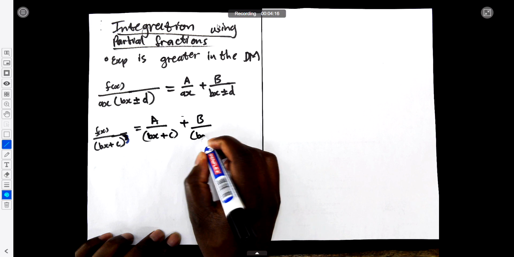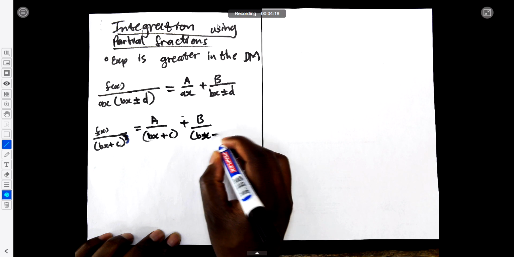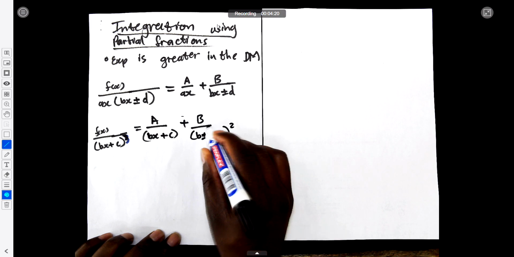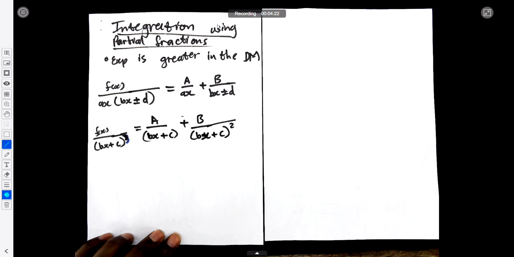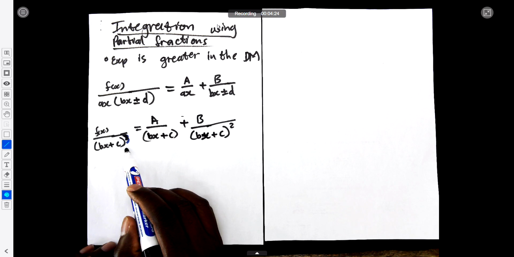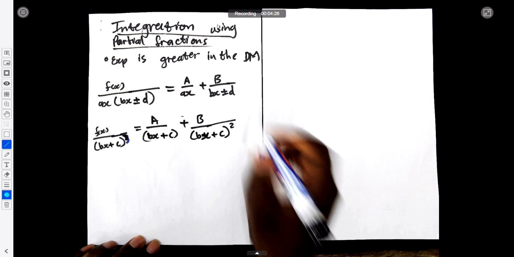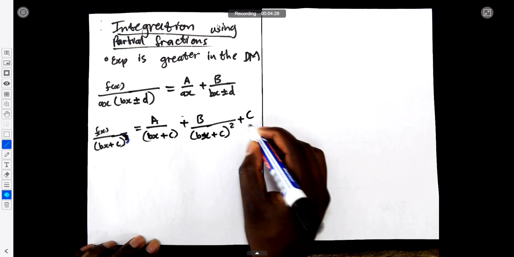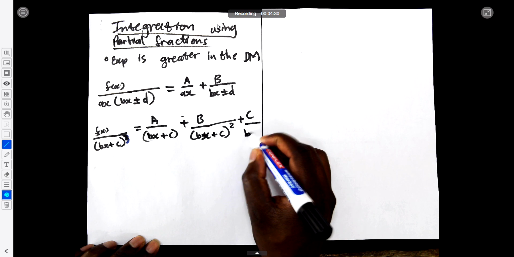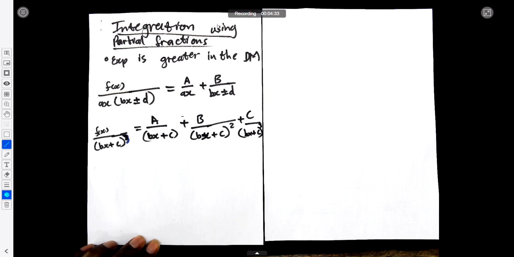The second fraction will be b divided by bx plus c, all to the power of 2. As much as it was to the power of 3, we need to have the third fraction, which is c divided by bx plus c, all to the power of 3. So we start from the least power to the highest power, which is 3.